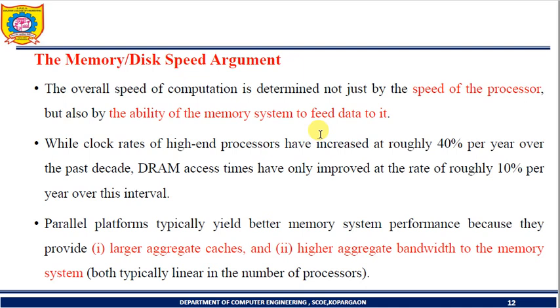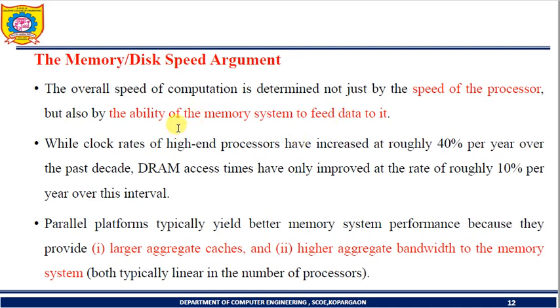Then the second argument, or second motivation for parallelism, is the memory disk speed argument. As we know, the overall speed of computation is determined not just by the speed of the processor, but also by the ability of the memory system to feed data into it.